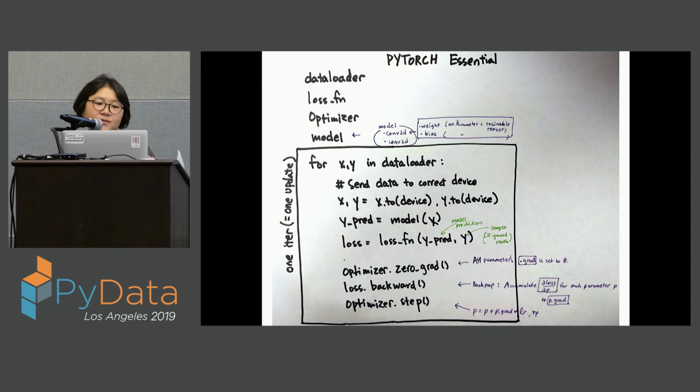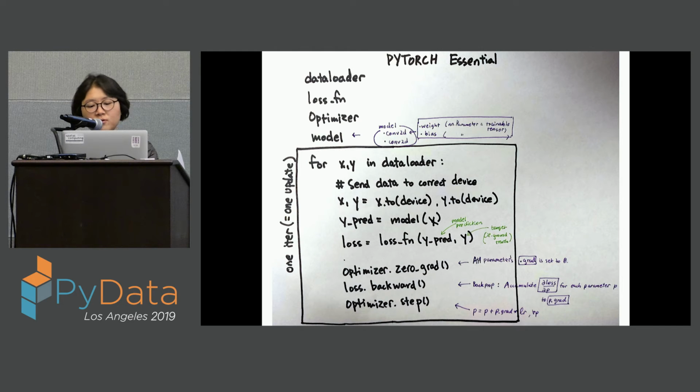So once we have this model, optimizer, loss function, and data loader, you need to do this mini batch gradient descent. So this is one iteration of mini batch. The data loader gives you X and Y, and then we need to send this data to the correct device, oftentimes GPU or sometimes CPU, and that's what this .to operation of the PyTorch tensor is doing.